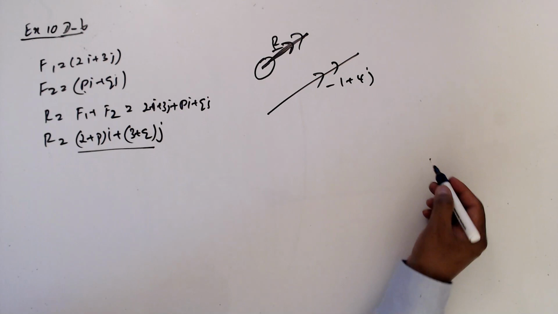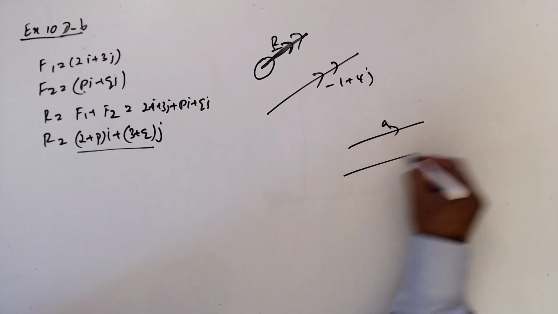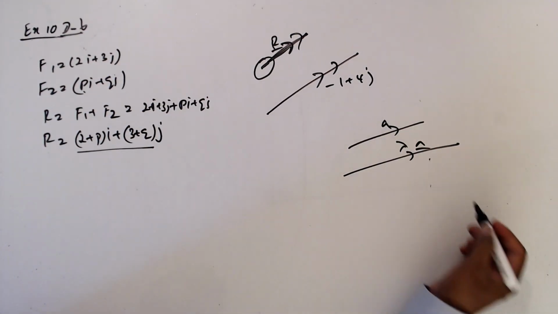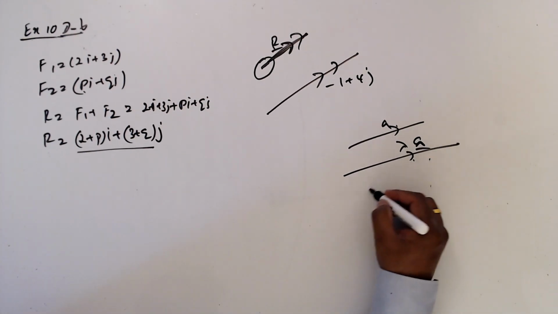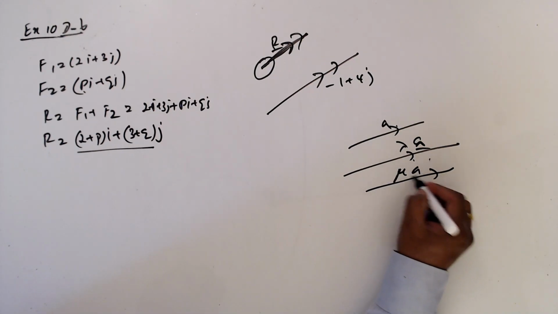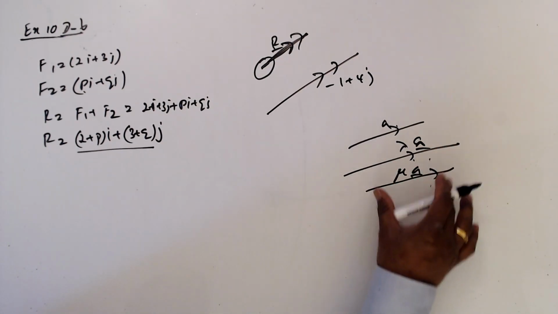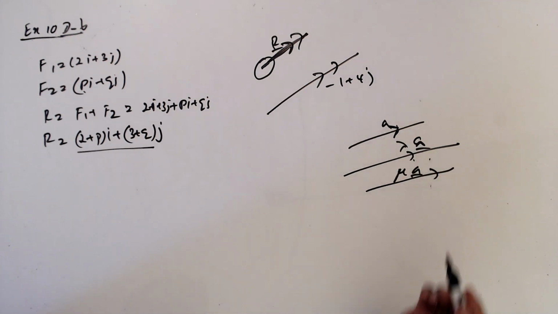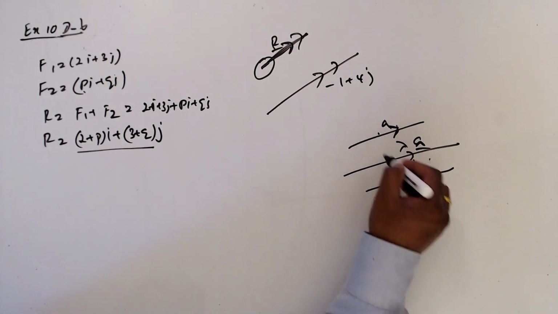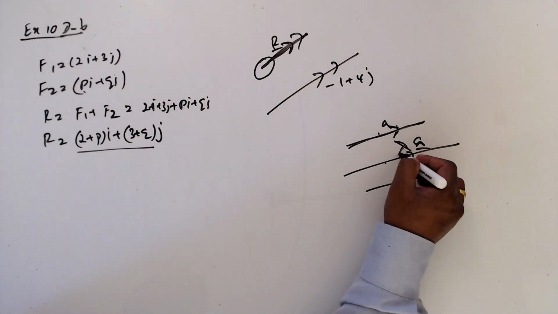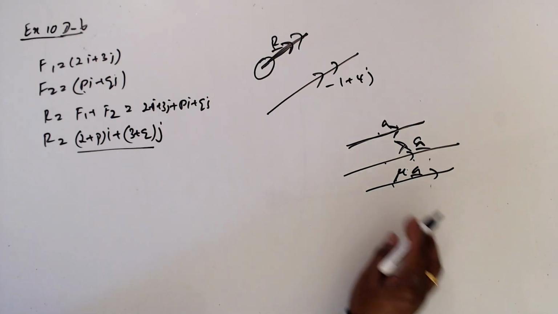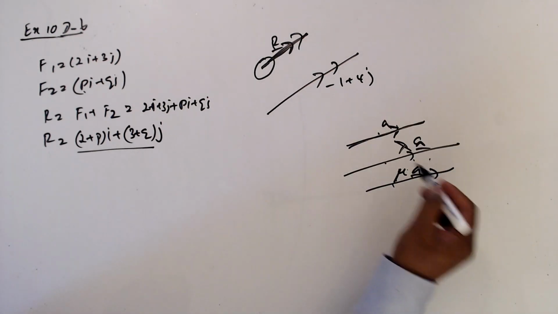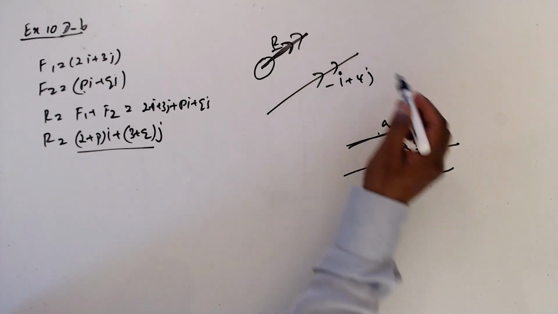Now you can remember that if this is a vector A, then you can write lambda times A if those two are parallel. Another one parallel to this one, you can write mu times A. Size is the only difference. We can write parallel vectors like this. Likewise now, this is minus i plus 4j.